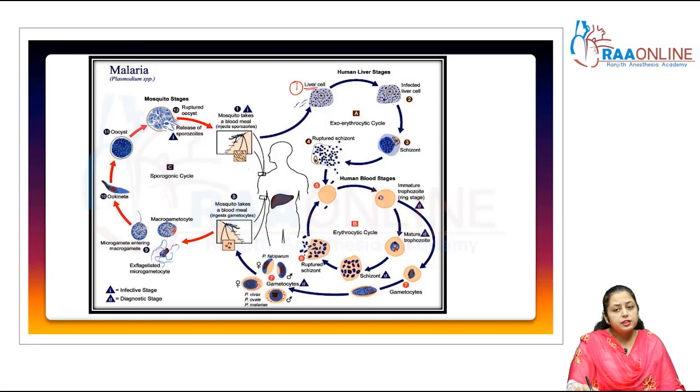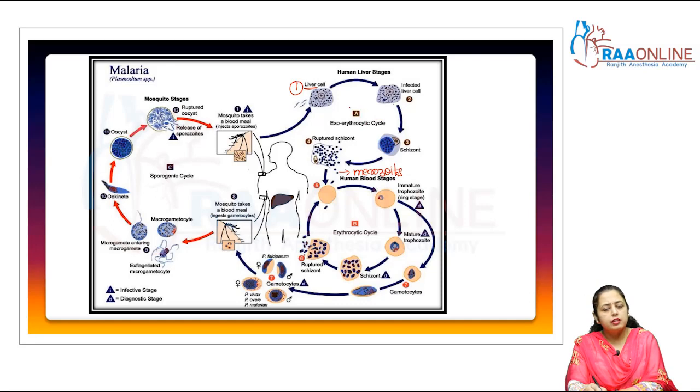When that schizont matures, then what will happen? It gets ruptured and releases the merozoites and the hemozoin, right? Because this occurs outside the RBC, the RBC is not infected at that stage, that's why it is called the exoerythrocytic cycle.